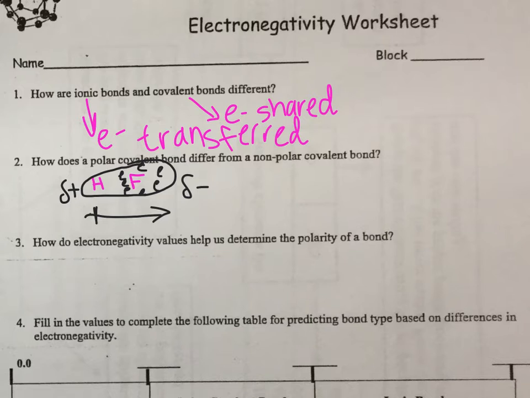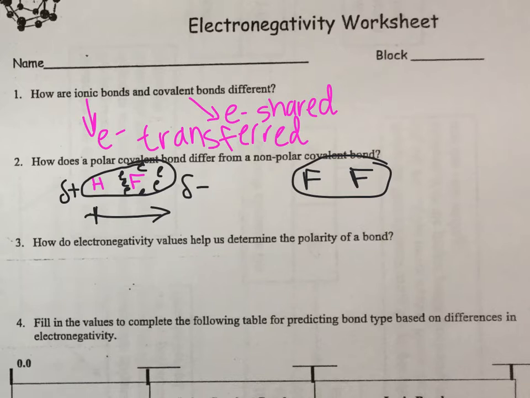Hydrogen isn't tossing its electron to fluorine. They are still sharing those electrons, meaning neither of them takes ownership of the other's electrons. But they can lean to one side or the other. A non-polar covalent bond could be two fluorines, like that, and we'll just give it one big circle.